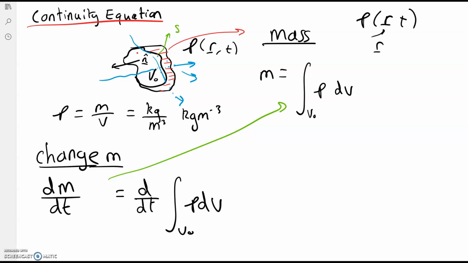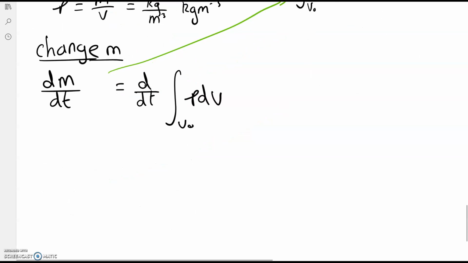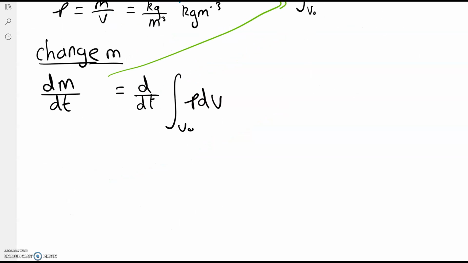If we take it in the Cartesian coordinate system, it'll have an x, a y, and a z coordinate. But the problem is, each of these will depend on time. So if we want to find out the change in mass in time, it's not as simple as differentiating with respect to time, because we'll have multiple variables in here.